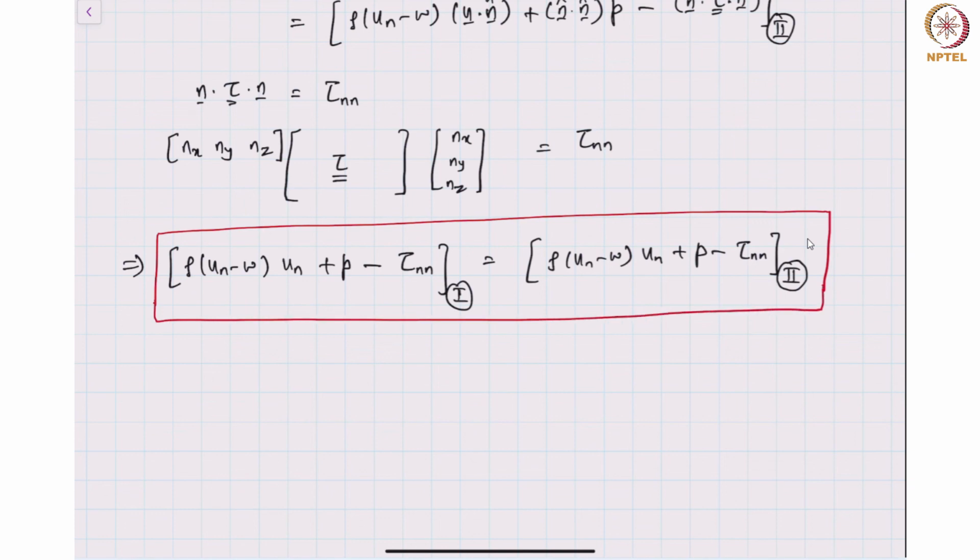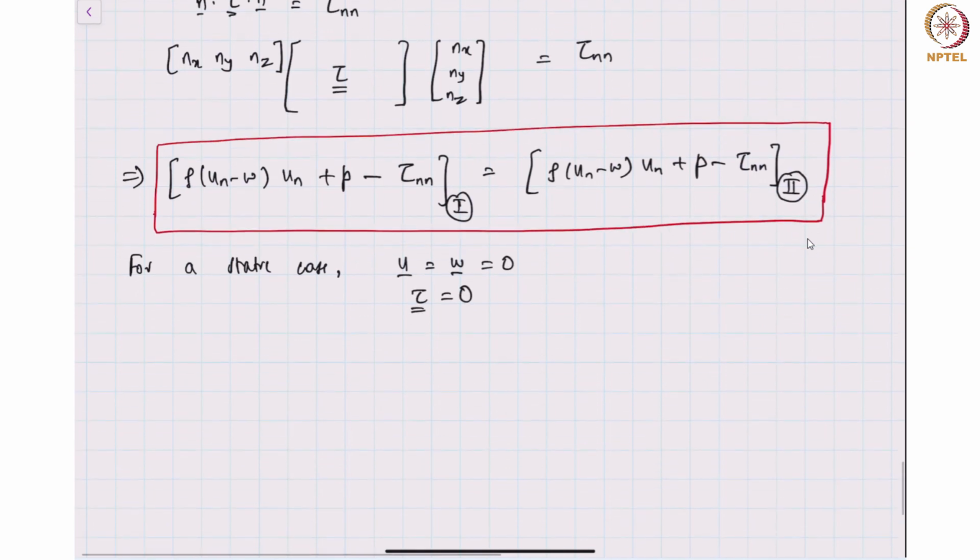across an interface. For a static case, both the velocity of the fluid and of the interface will be 0. Tau will also be identically 0, and what you have now is that pressure across the interface is continuous.